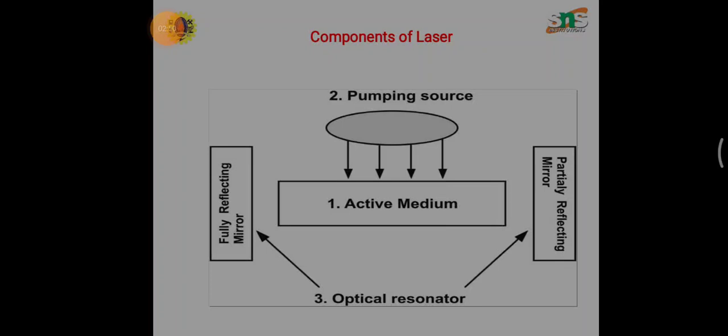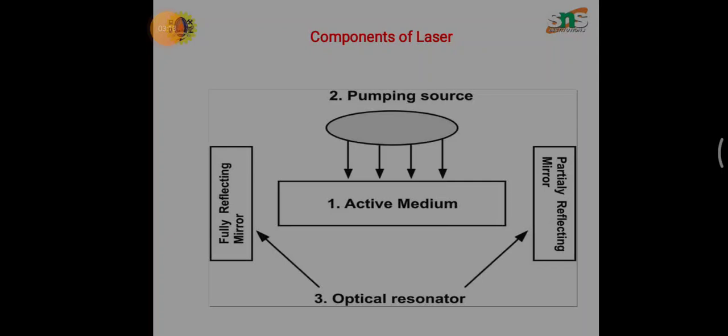Now, for laser action, initially by some means of pumping process, atoms in the active medium are allowed to go from the ground state to the excited state, and hence population inversion is achieved.